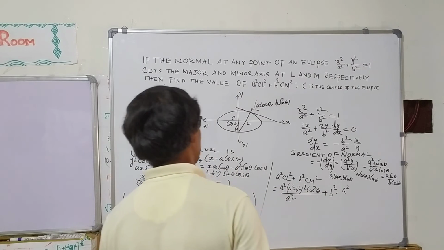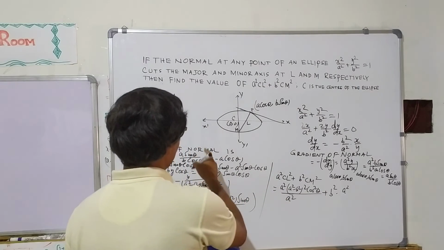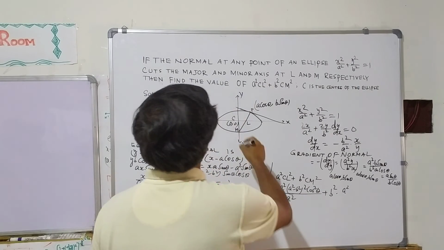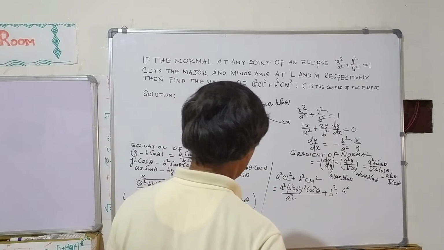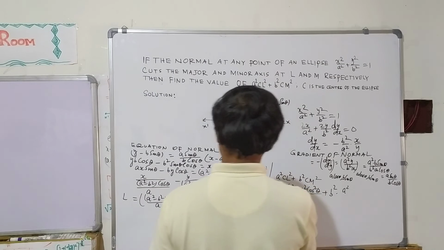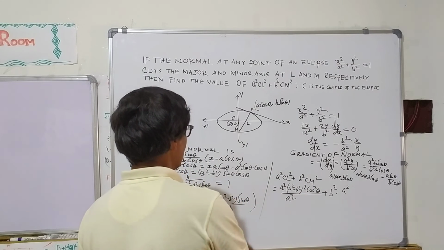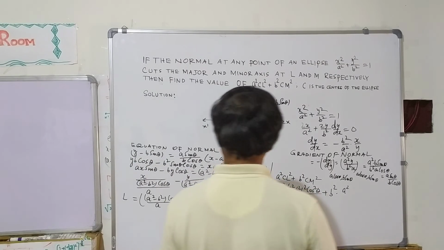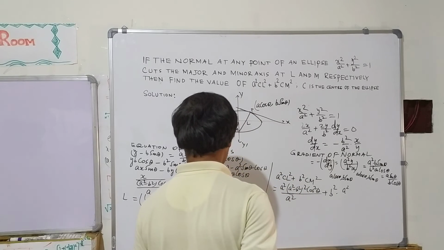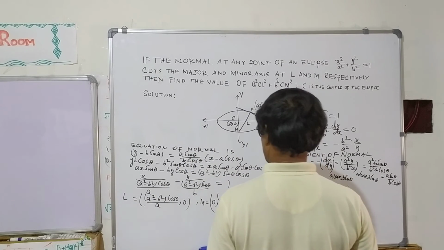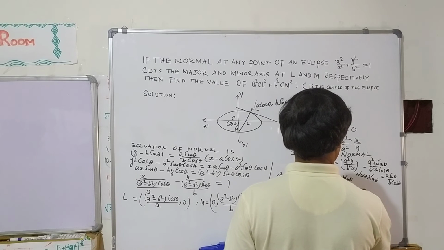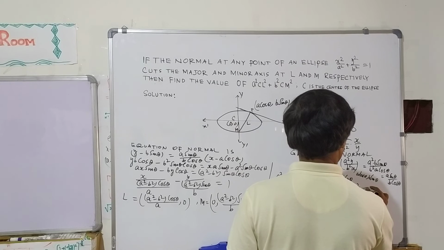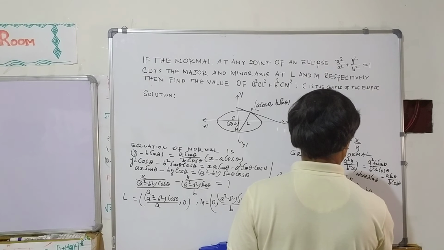CM is the y coordinate of M, that is (a square minus b square) sin theta by b, so CM square is (a square minus b square) square sin square theta over b square.